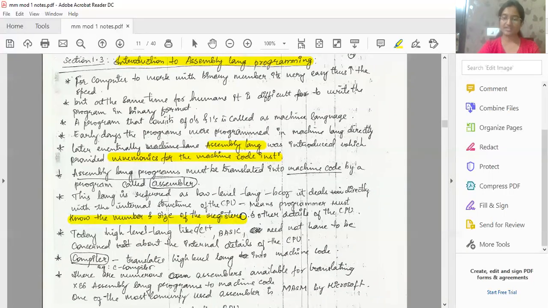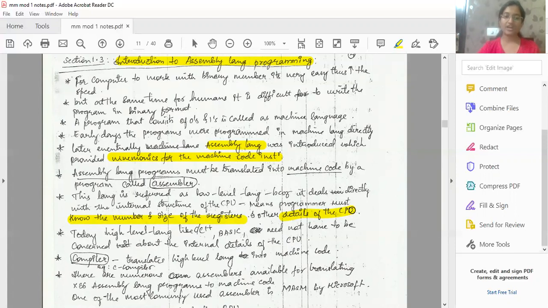The source and destination registers all have to be known by the programmer. So the entire details of the CPU, the processor, need to be known by the programmer. That is the reason assembly language is called a low level language.